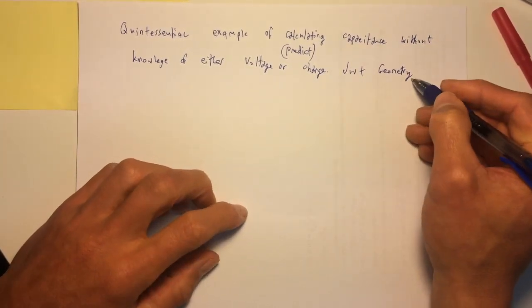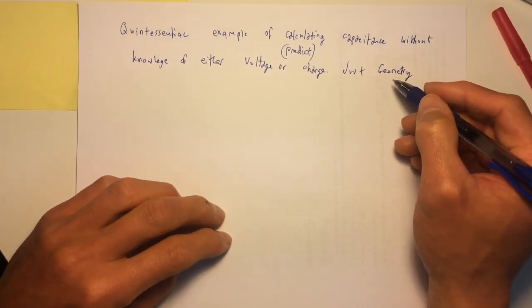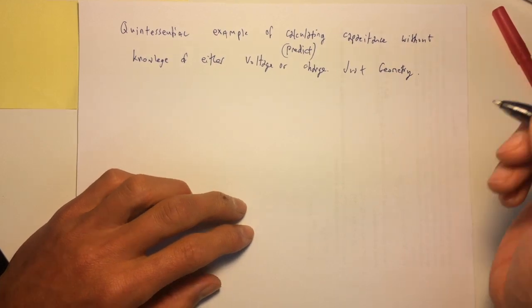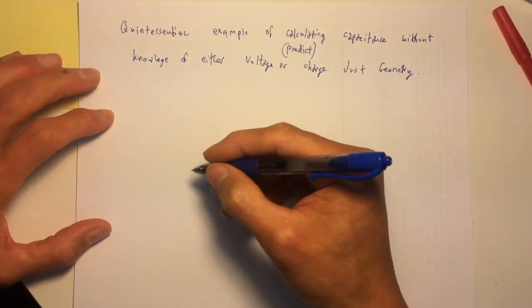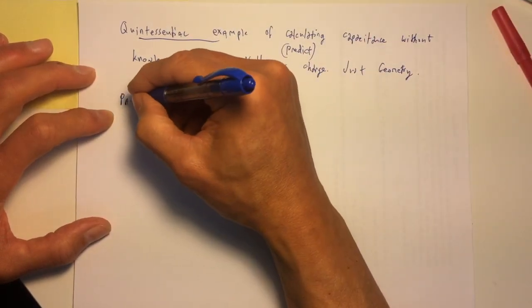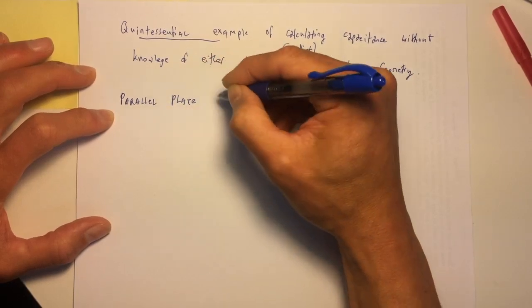In this case, we're not going to have a materials issue because we're going to be working with vacuum, and vacuum quite literally is not material. That's a joke. So just geometry. The quintessential example is called the parallel plate capacitor.